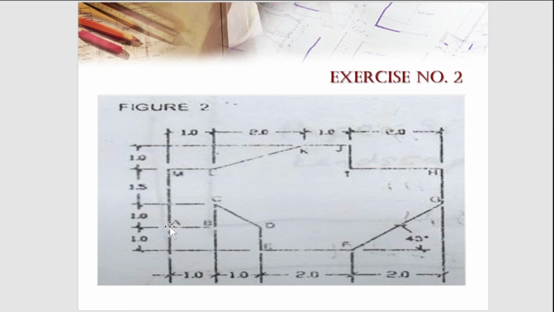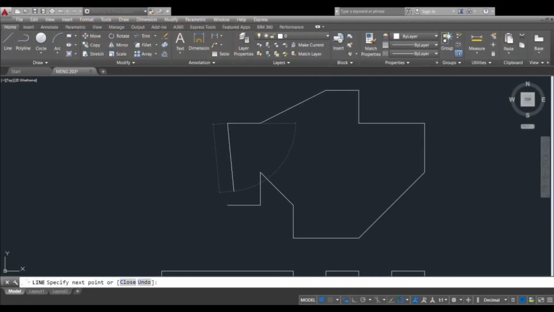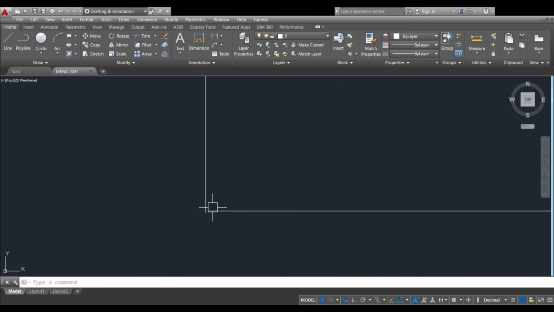So the distance is 2.5 and our angle is negative 90 or positive 270. So at 2.5 angle negative 90.